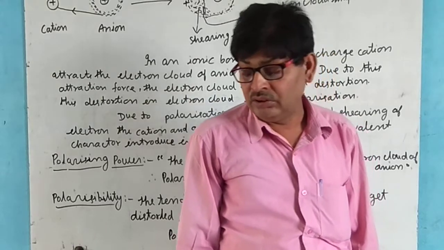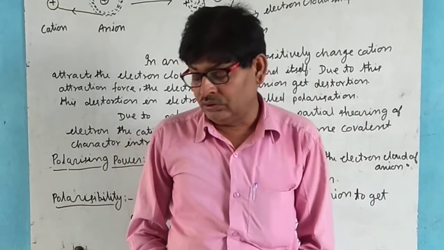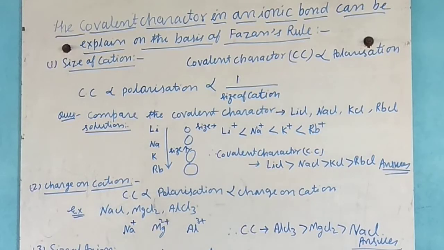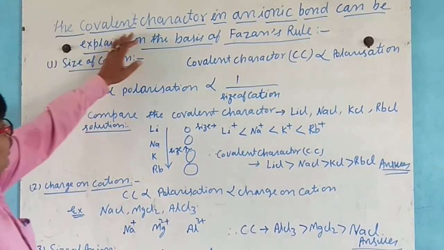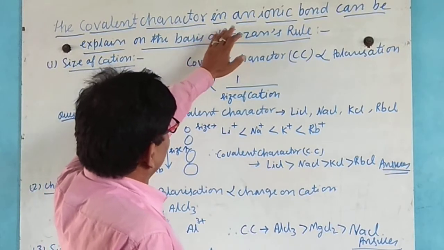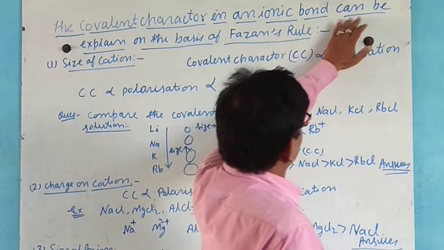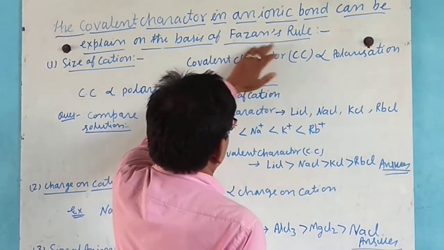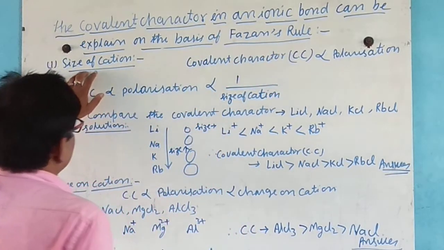It depends on the following factors. Now the covalent character in an ionic bond can be explained on the basis of Fajan's rule.